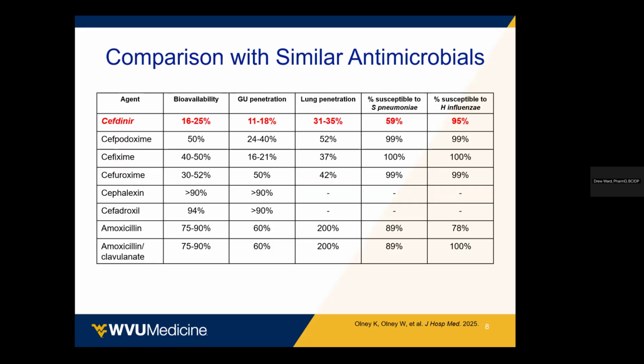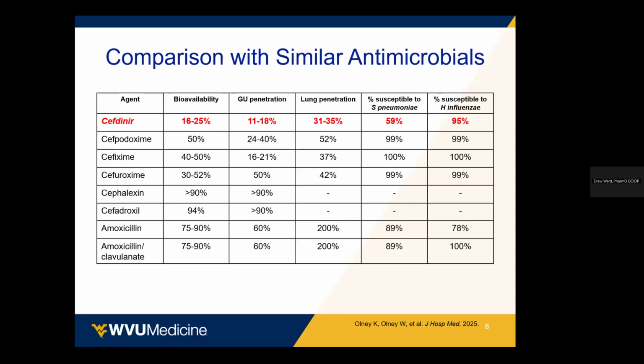You can see pretty much every beta-lactam alternative I've listed on this table has greater oral bioavailability than Cefdinir. That's the case as well for penetration into the genitourinary tract. So all of these options are probably better for UTI. And Cefdinir has worse penetration into the epithelial lining of the lung tissue than other beta-lactam antimicrobials.